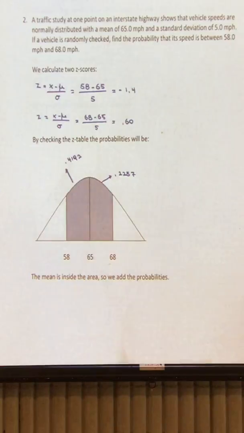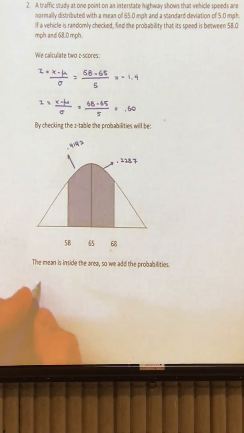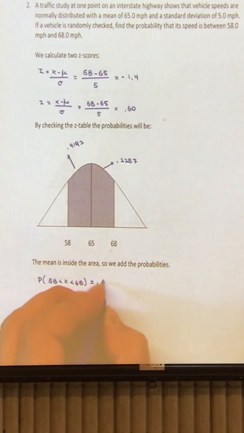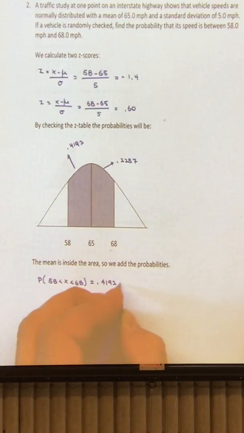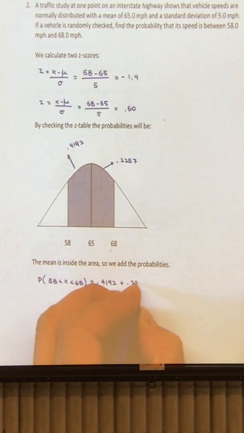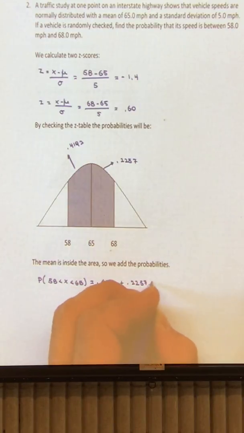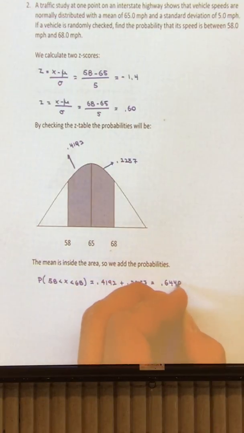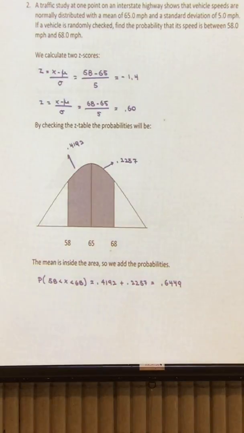The mean is inside the area, so we have to add the two probabilities. So probability X to be between 58 and 68 will be 0.4192 plus 0.2257. This is 0.6449. And this is the solution for problem number 2.